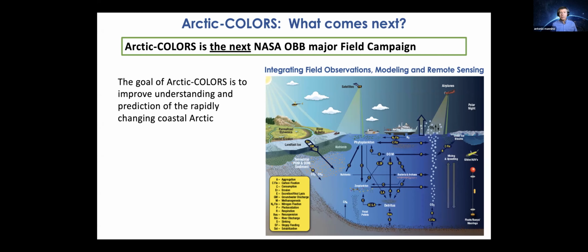We obviously have satellites because they're in orbit, and also an extensive amount of field activities encompassing small boats, larger vessels, as well as autonomous systems, gliders, moorings, and various other autonomous systems.